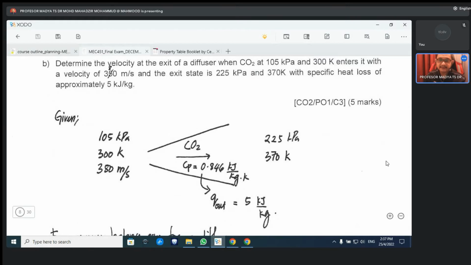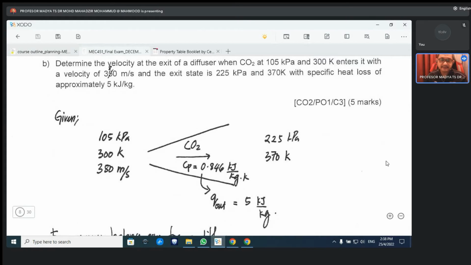So when the working fluid is a gas, the simplest way to solve this problem is using the ideal gas approach. So you have to use the equations of the ideal gas.